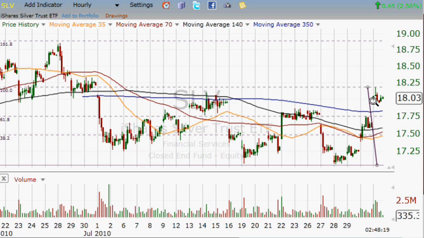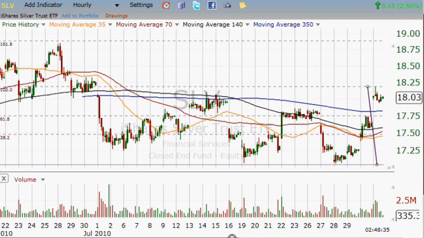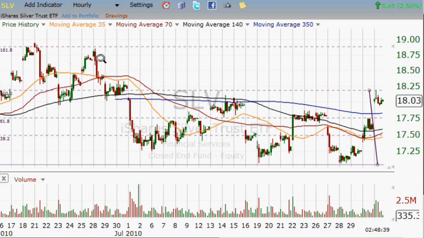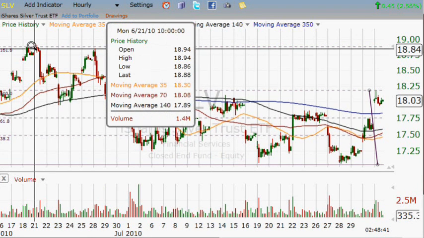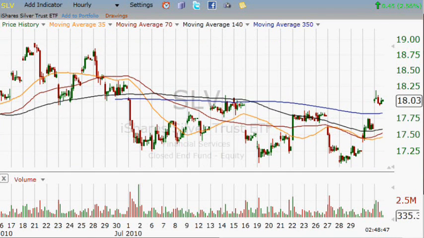So $1.12 multiply 1.618 plus the 17.06 number would give us a level price target of 18.88 on SLV, which happens to coincide with the previous highs that we made on the 21st of June, or the start of the summer.